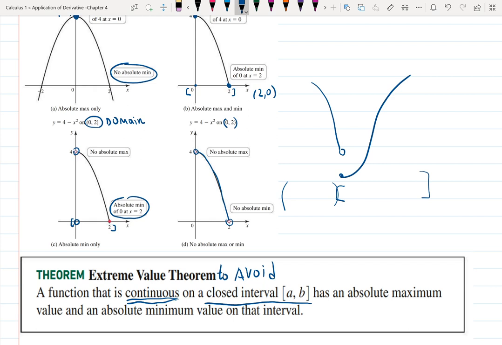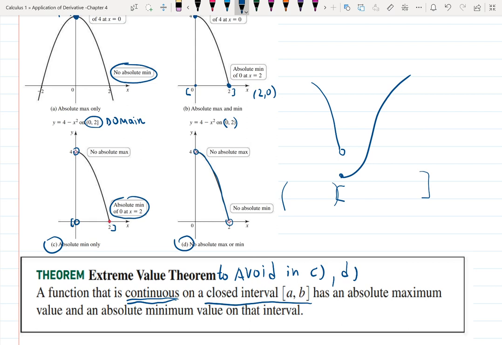the situations we had in C and D, where there's no absolute maximum or minimum, and so on. I want to avoid the situations when we don't include the ends.